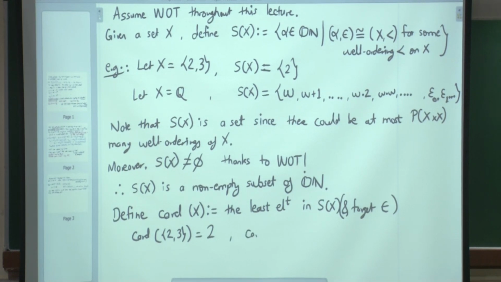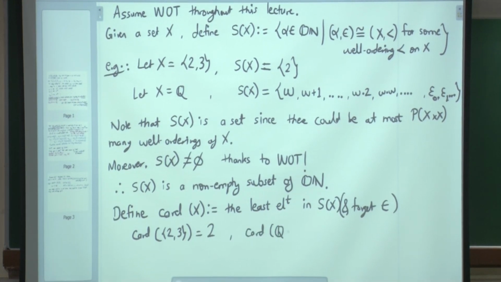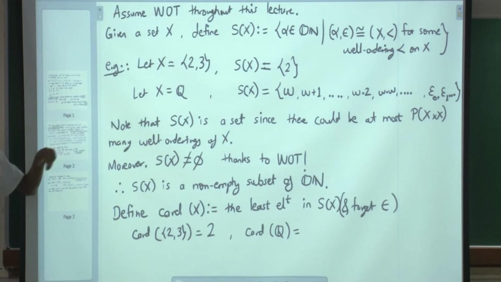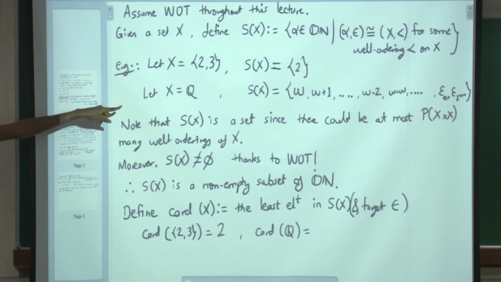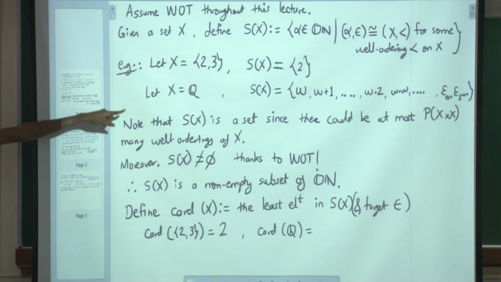Then what is the cardinality of the rational numbers? Omega, the least element in that collection. S of Q cannot contain omega 1, because omega 1 is the first uncountable ordinal.